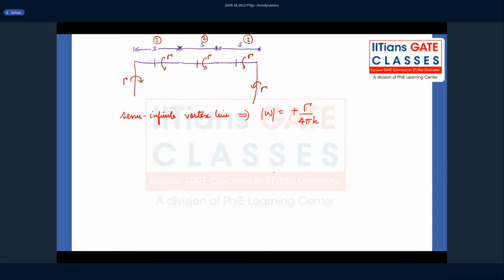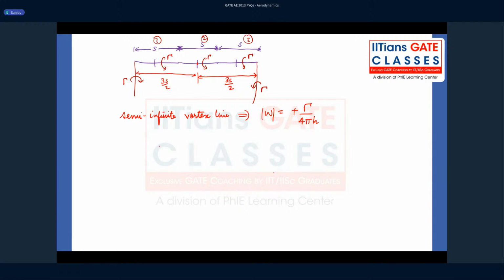Here we are trying to find out the induced velocity due to the trailing vortices of bird 1 and 3 on bird 2. So what is the perpendicular distance, guys, between bird 2 and the trailing edge vortices of bird 1 and 3? These distances are s plus s by 2, which is 3s by 2.